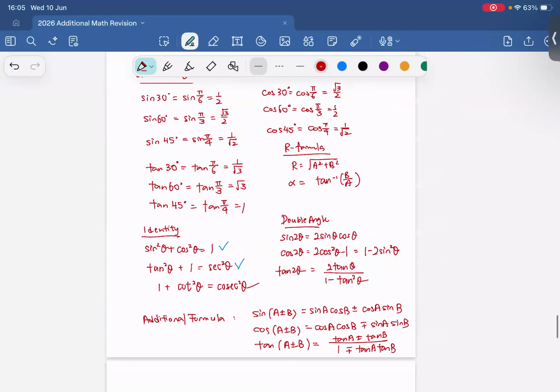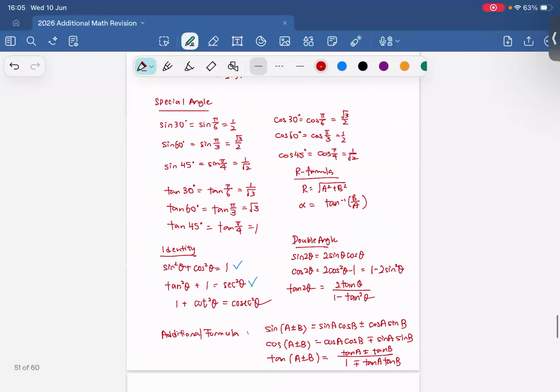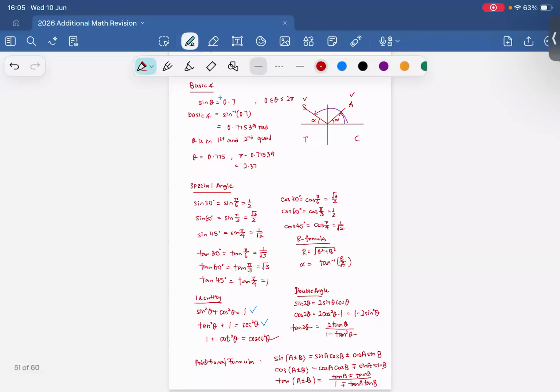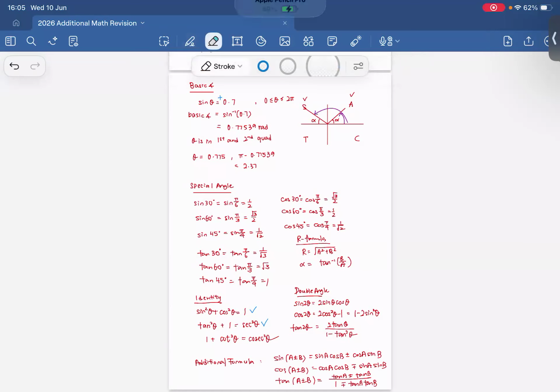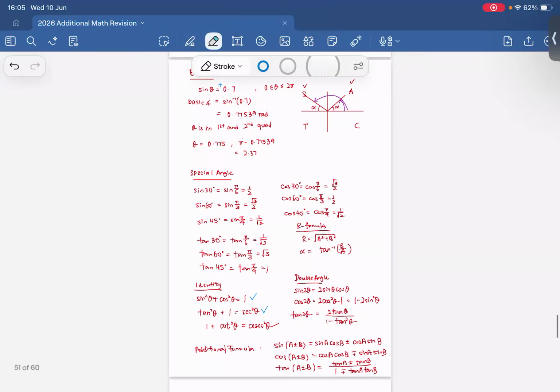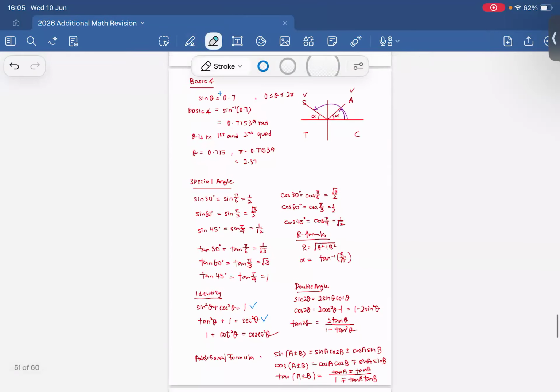So this is just a very, very vague summary of the things that you need to be aware of, the tools that you have. If you don't even know what tools you have, then you will not be able to use the tools to solve the questions. Okay? You can copy, or don't copy down, because most of the formulas are given. There is still one formula that you need to know.